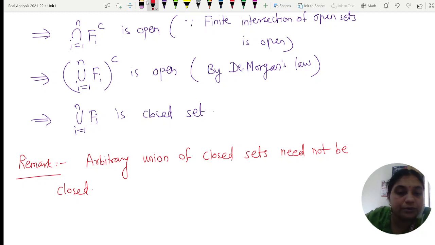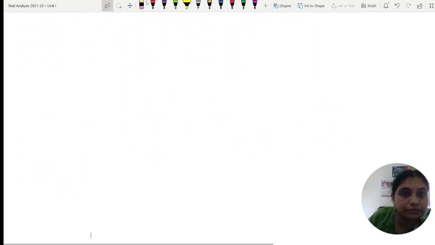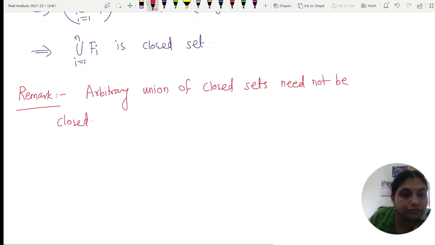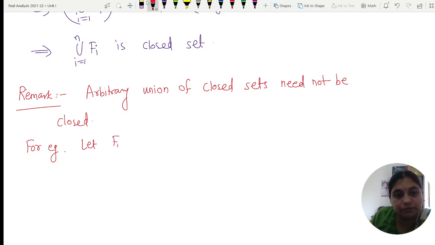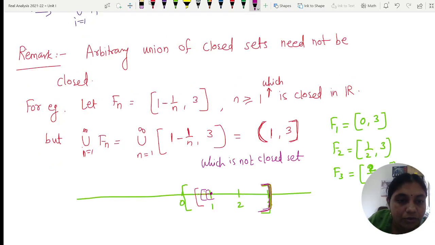For this again I have to give one example. For example, let Fn be equal to the closed interval [1 + 1/n, 2]. So the union of these Fn's is nothing but the open interval (1, 3), which is not a closed set.